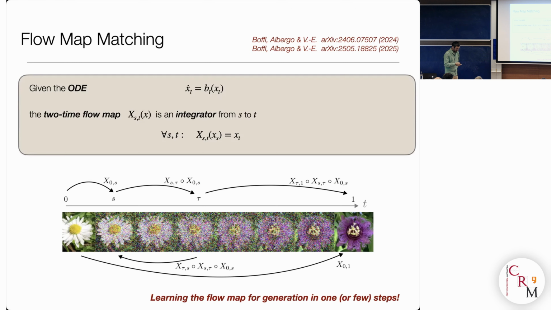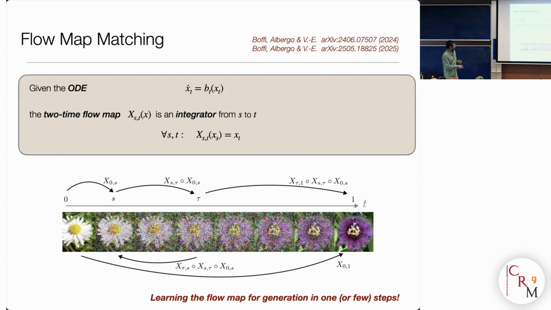If you have an ODE, or in fact any ODE, you can associate to it a flow map. You can think about the flow map essentially as a two-time integrator of your SDE. It's the map which has the property that for any solution of this equation, if you take the solution at time s and pass it through this map, evaluated at s, t, you get the solution at time t.